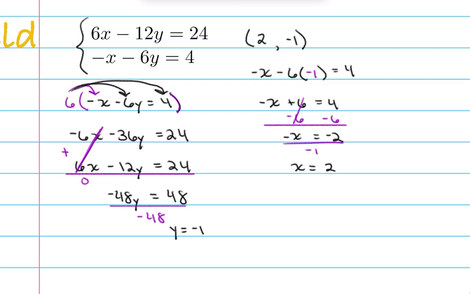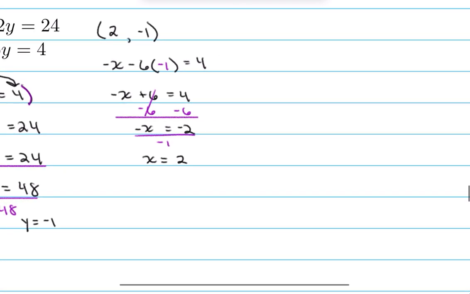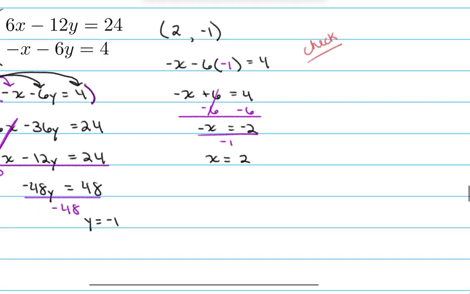Okay, and just like before, I'm going to show you how to check this real quick, in case you ever want to, you are able to without issue. So I'm going to plug the 2 in for the x value in both equations. I'm going to plug a negative 1 in for both y values of the equations, and I'm going to see if they come out to be those answers.